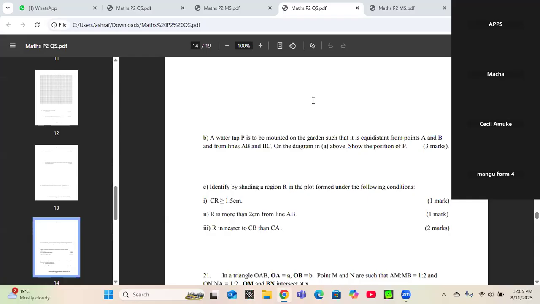Locus of points equidistant from lines AB and BC. Unmute yourself, Masha. Masha has disappeared. Cecil.